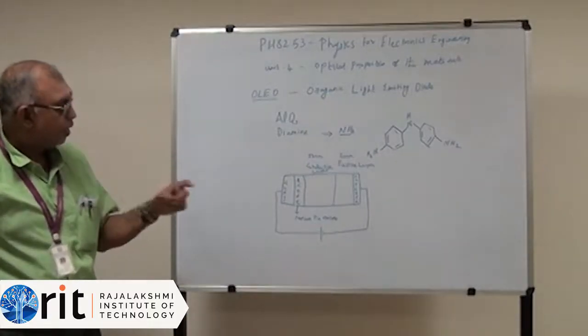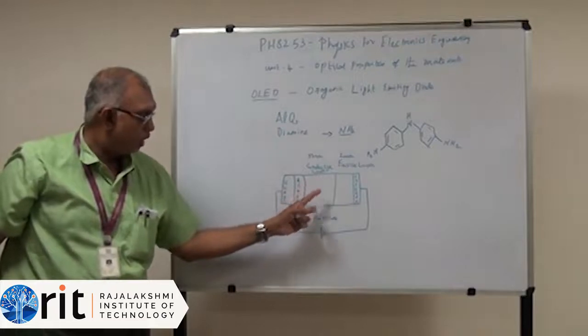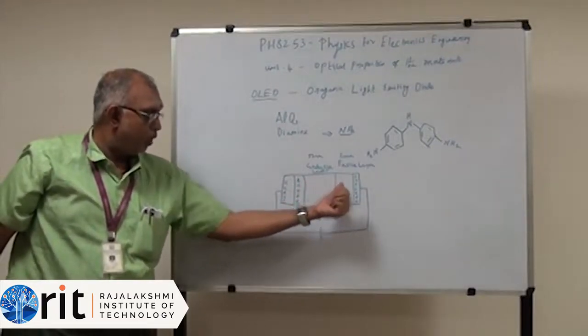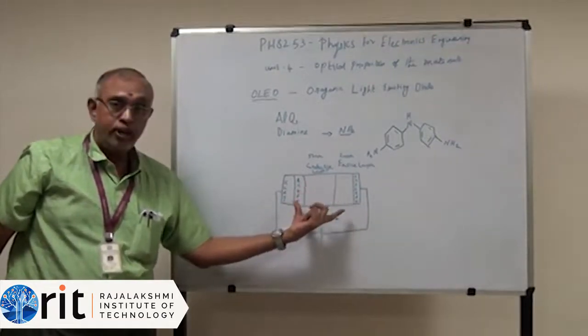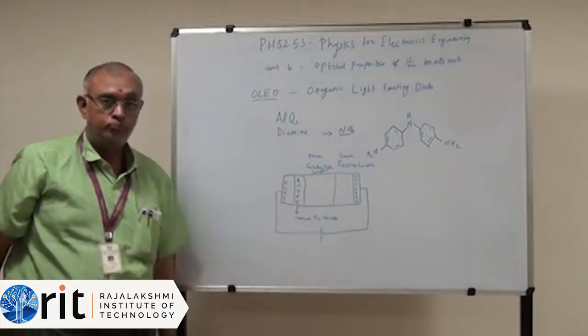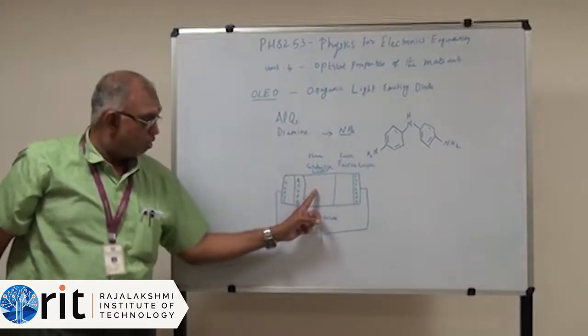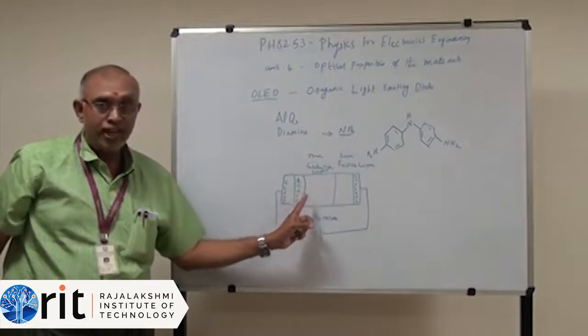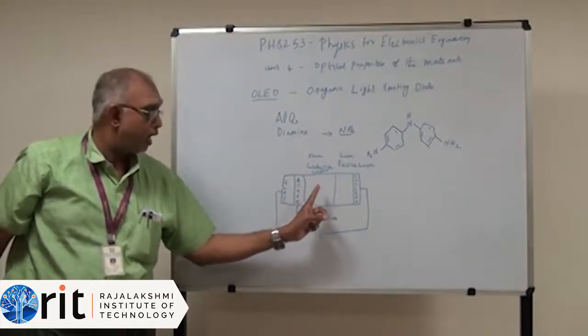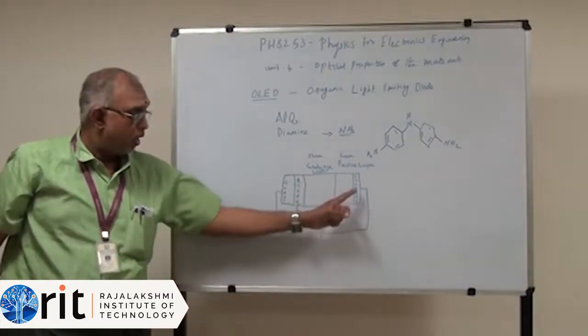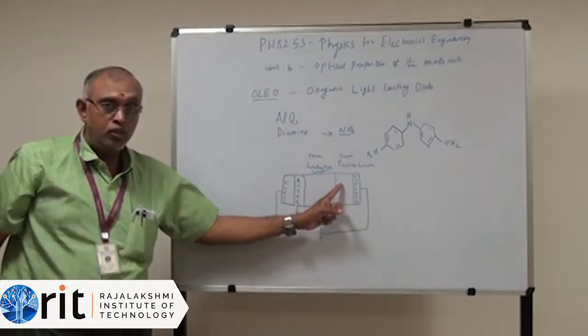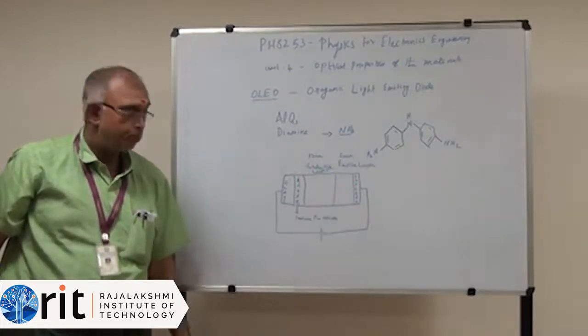The conductive layer and emissive layer are sandwiched between anode and cathode. The purpose of the anode is to inject holes into the conductive layer, and the cathode injects electrons into the emissive layer.